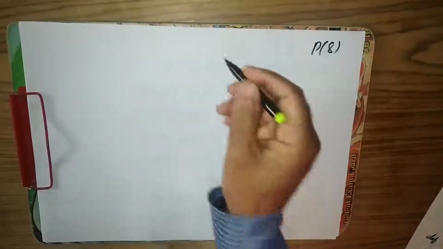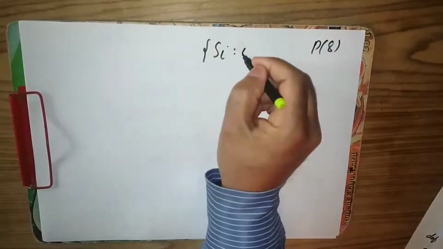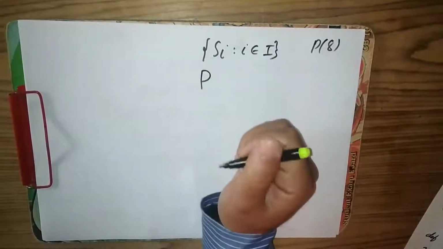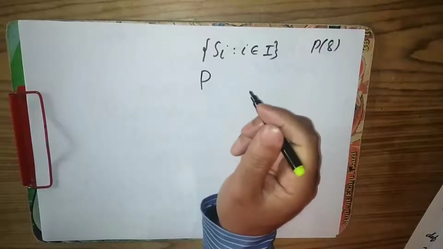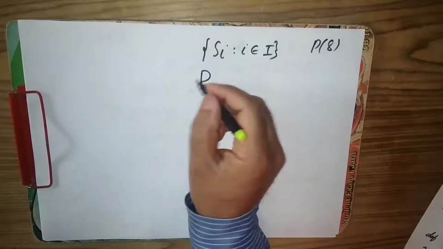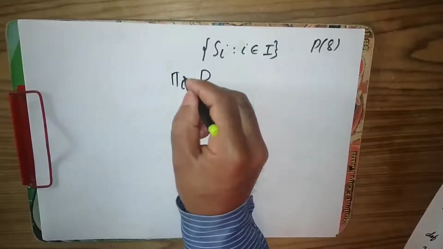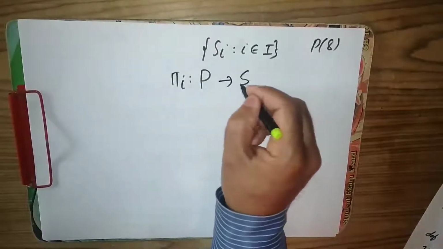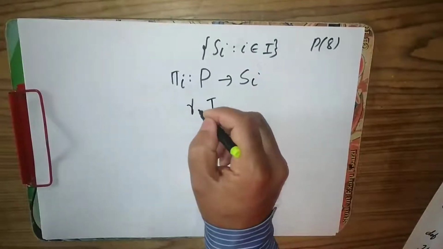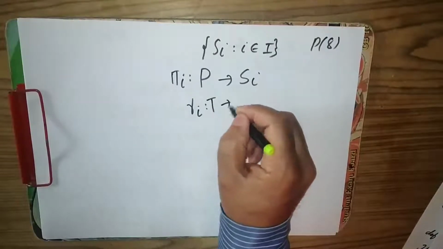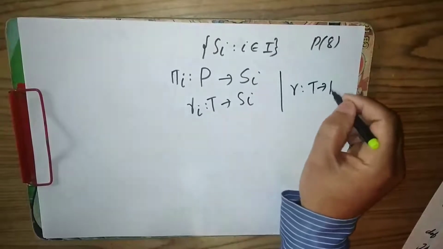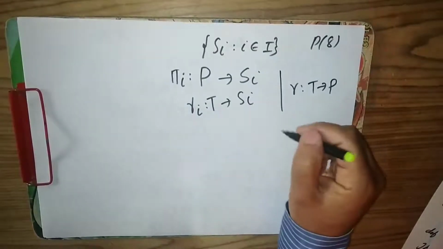So hence we have seen that if we have a family of semigroups Si, then we have defined P. And then we have shown that for each i there are morphisms from P to Si, and we have also seen that if there is any other semigroup T such that there are morphisms gamma i from T to Si, then I can find a morphism gamma from T to P such that the diagram commutes.